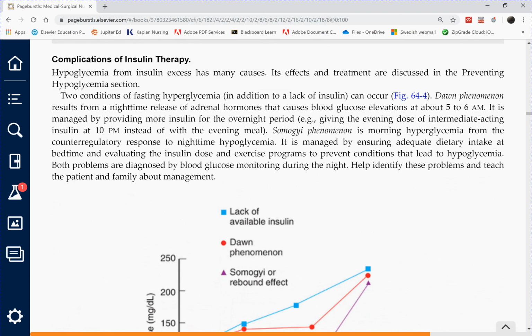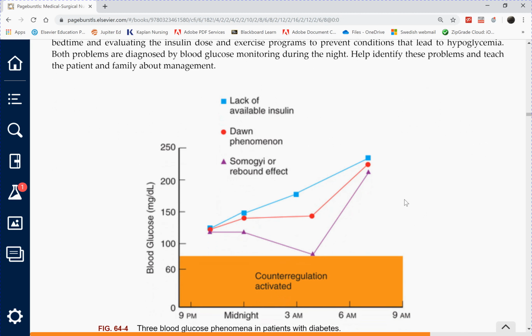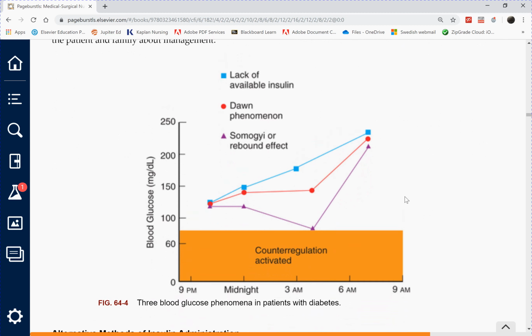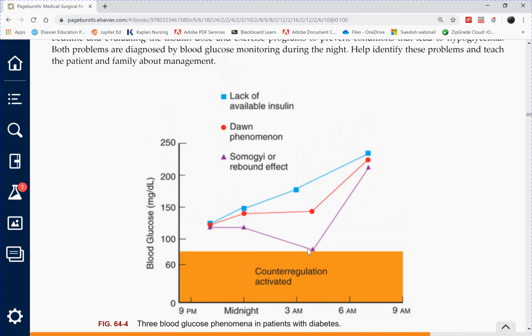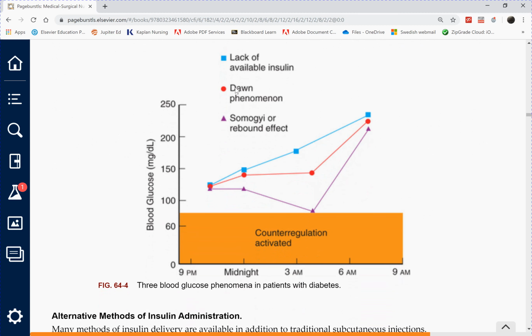There are 2 problems that can arise from insulin. They call them Somogyi phenomenon and Dawn phenomenon. Okay, the illustration here, figure 64-4. Both conditions, whether it's Dawn in red or Somogyi in purple, have 2 different causes, but both will result in morning hyperglycemia.